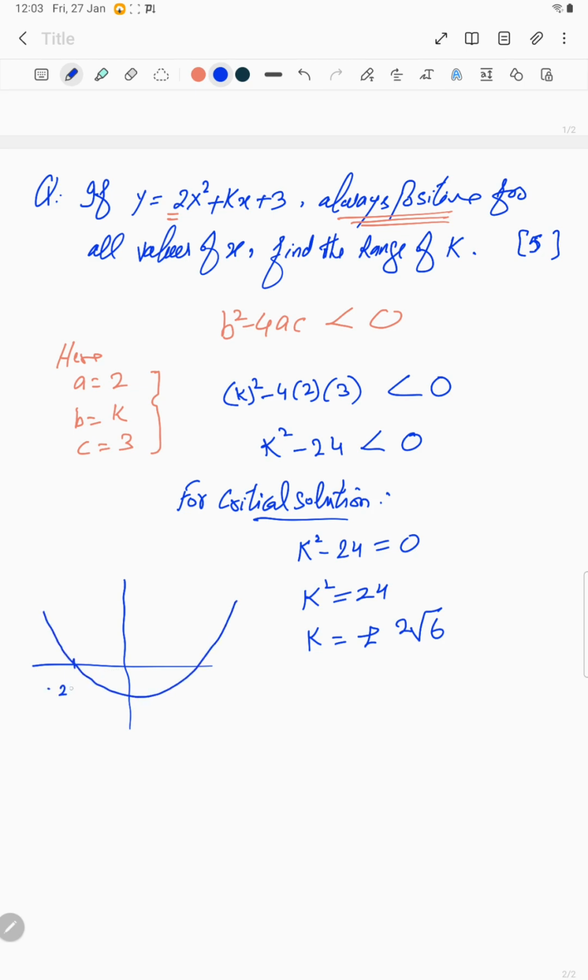K will be here minus 2 root 6, here plus 2 root 6. This is the range value of k. So we can say our k is lying between minus 2 root 6 and 2 root 6, that is minus 2 root 6 is less than k is less than 2 root 6. This is the answer of question number 2.